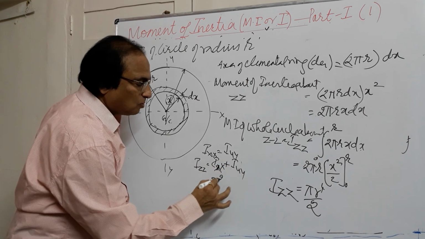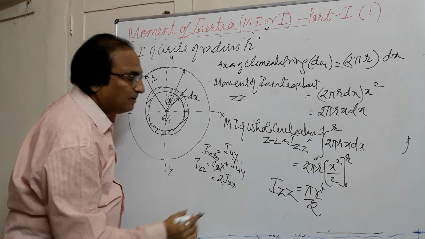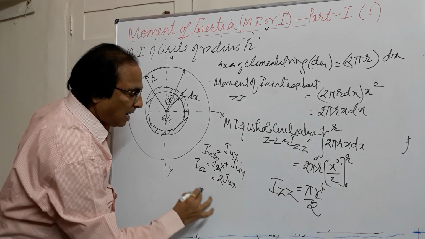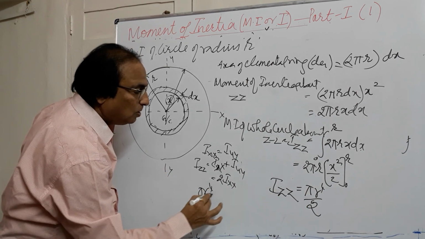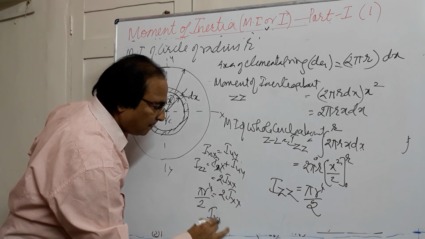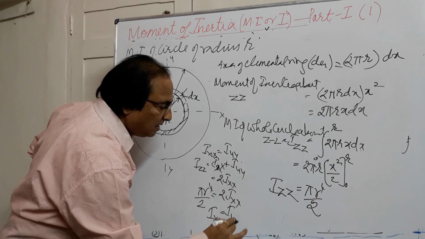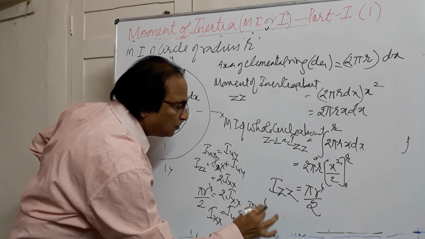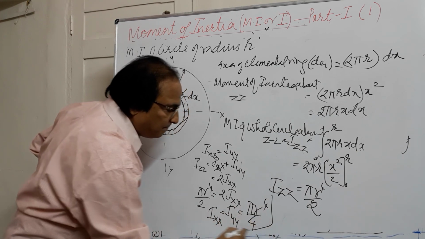So this will be equal to twice either Ixx or Iyy. We know Izz is pi r raised to 4 divided by 2. So Ixx will be equal to Iyy, equal to pi r raised to 4 divided by 4.